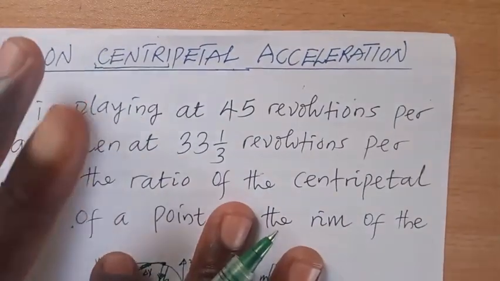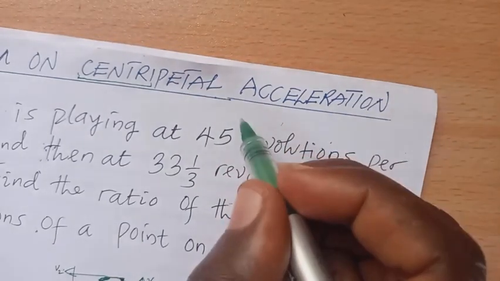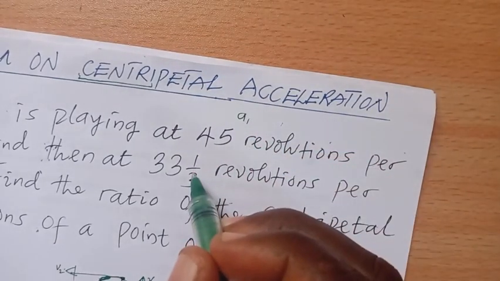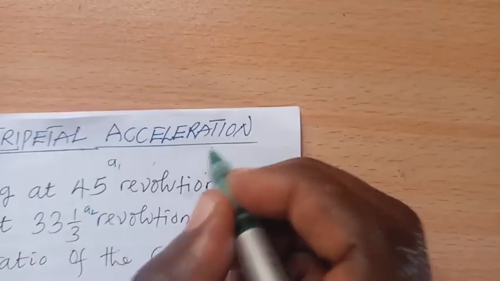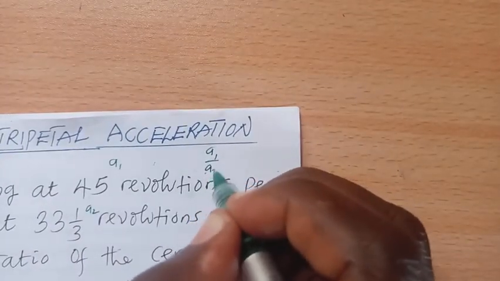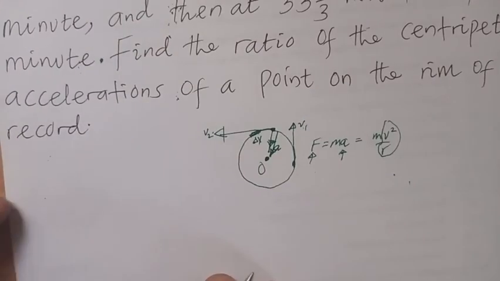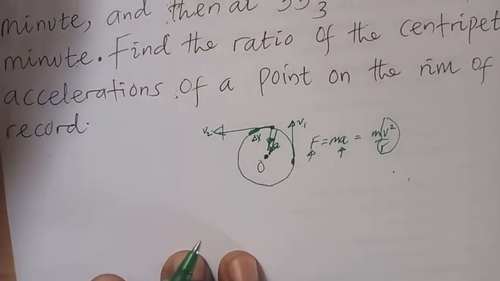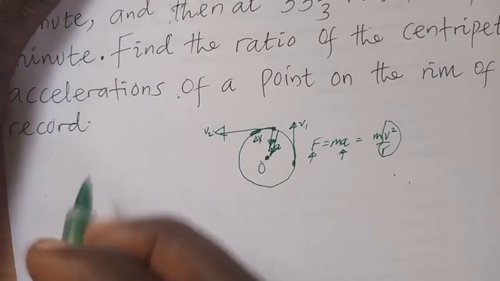So if I have these two accelerations, let's say the first acceleration due to this revolution is a1, the second one due to this is a2. The question is, what is the ratio a1 over a2? The ratio will be what? That is the question. So first of all, what is the formula for calculating this acceleration?